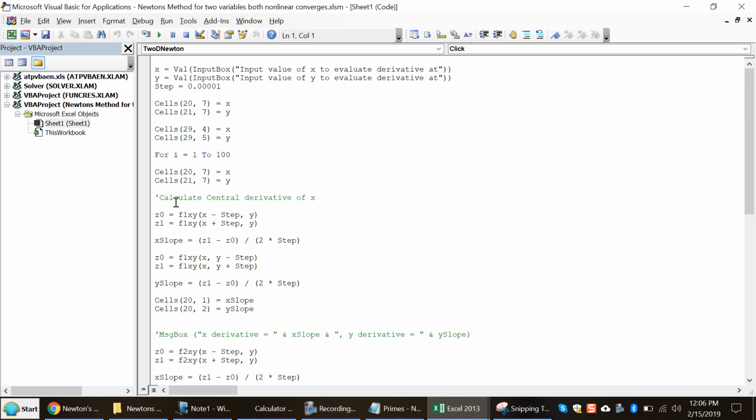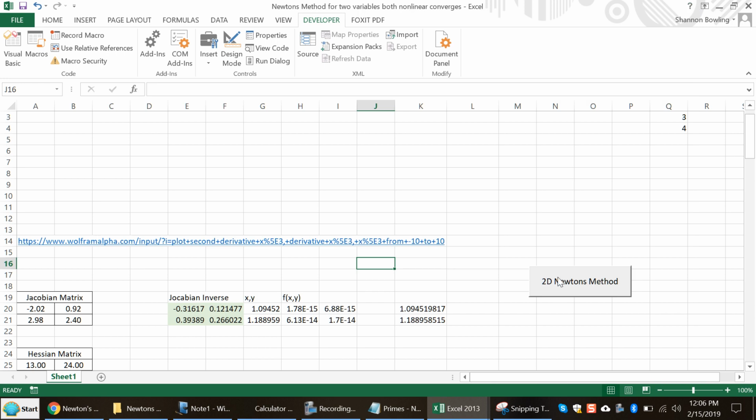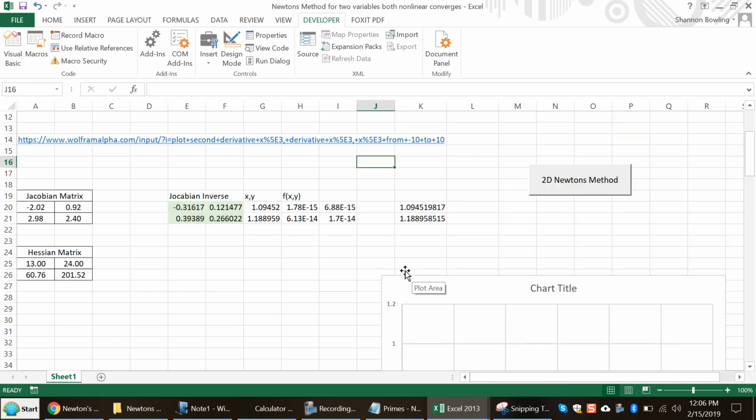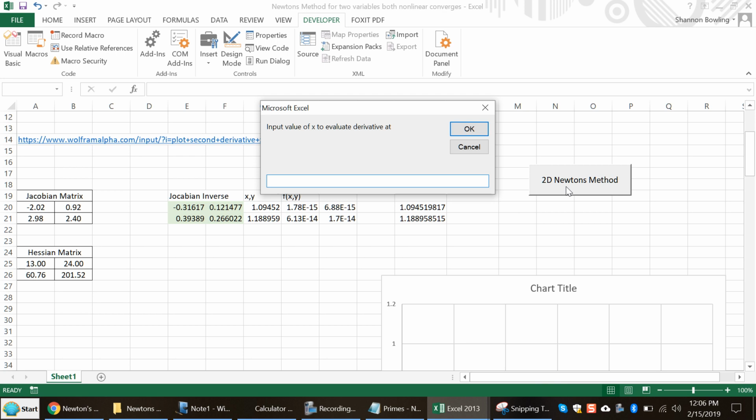I should use a do while, but I didn't. But let's just change this to like 20 so it doesn't blow up. All right, so now I'm going to guess. I don't know. Let's guess 0.1, 0.4.